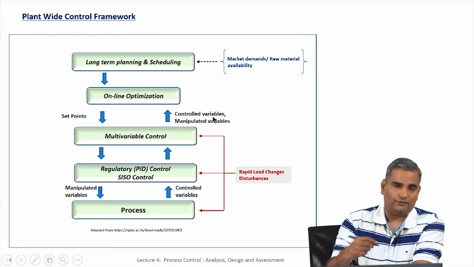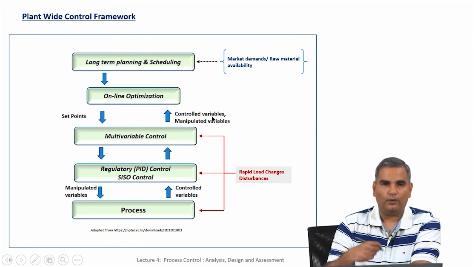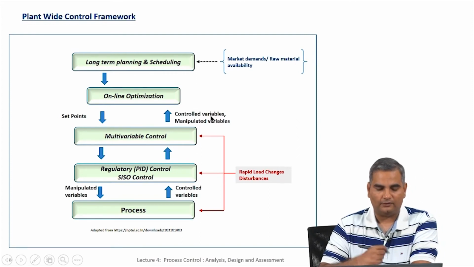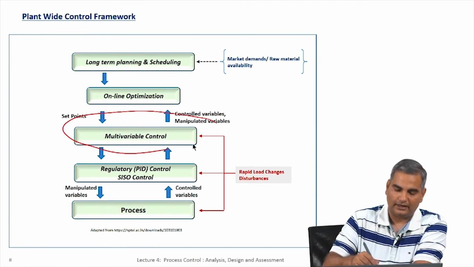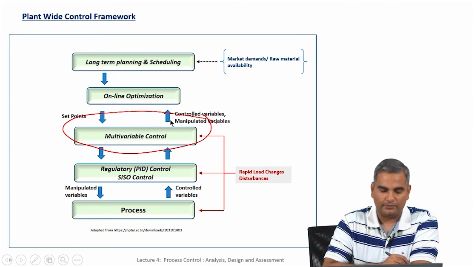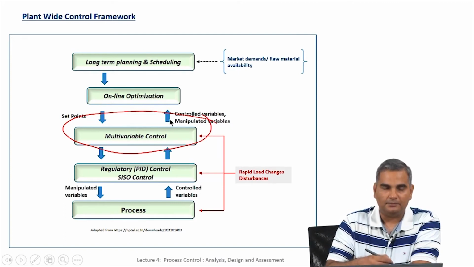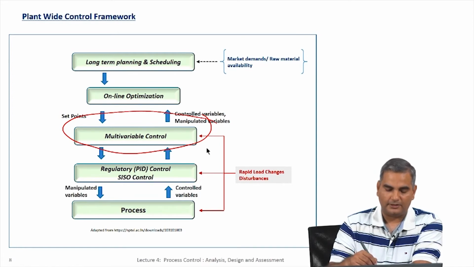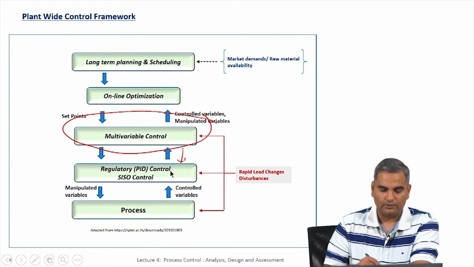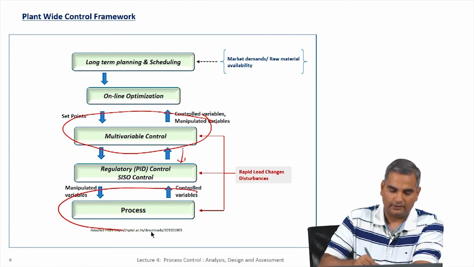In terms of connecting this to the overall control framework, as we talked about, in real life you will have multivariable control problems where you have to manipulate multiple inputs to control multiple outputs. As we mentioned before, those are broken down into several SISO control problems, which is what is implemented in the process.